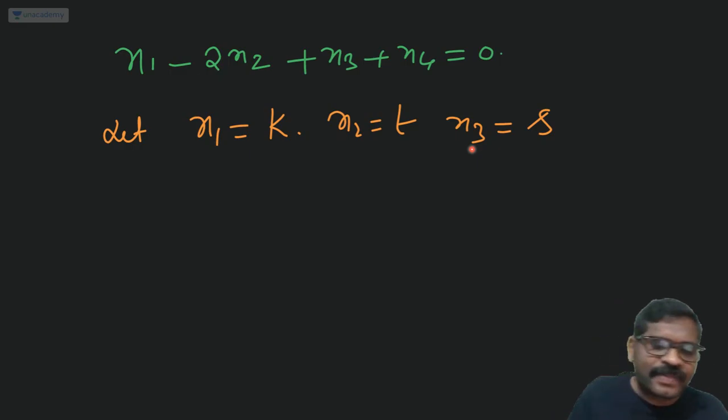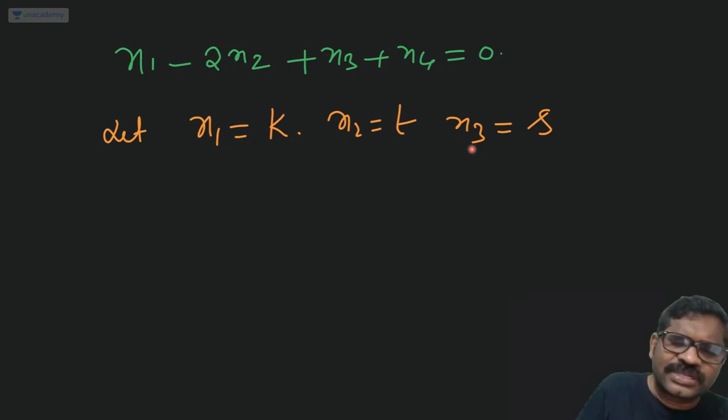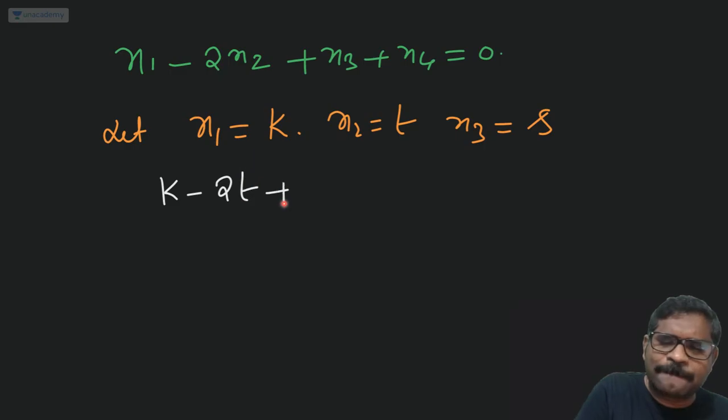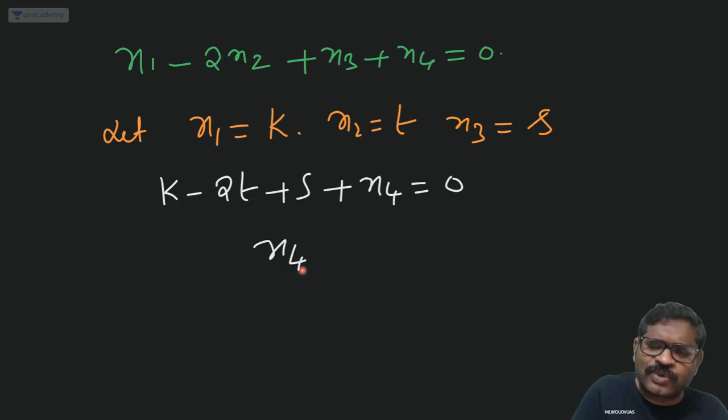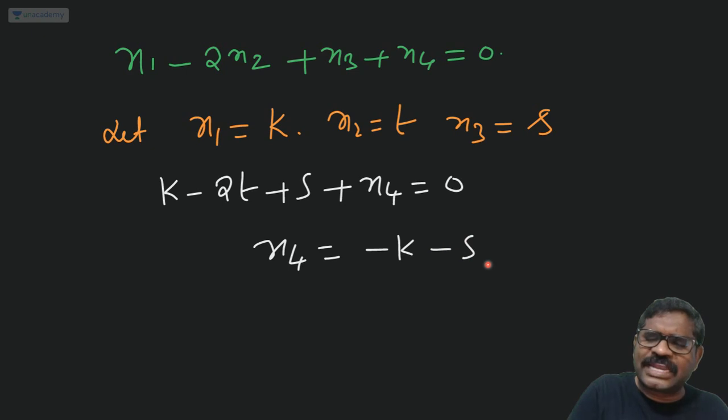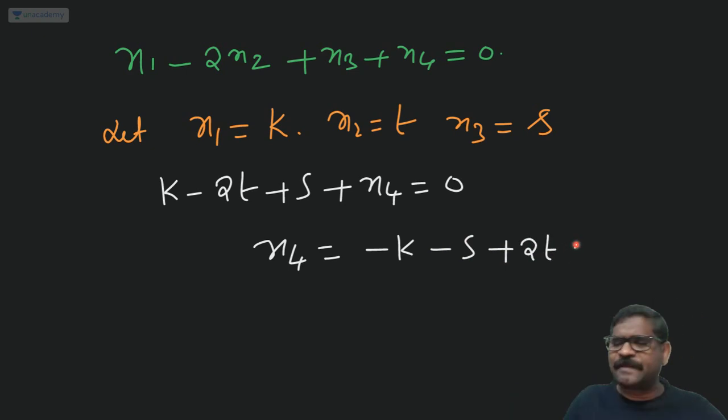Substitute here. k minus 2t plus s plus x4 equal to 0. Now x4 equal to minus k minus s plus 2t.